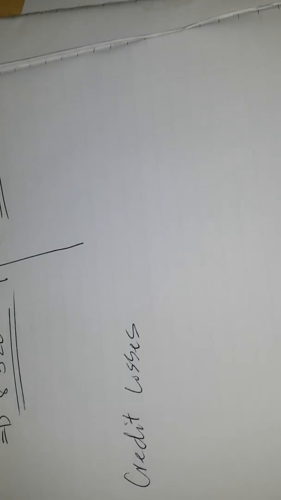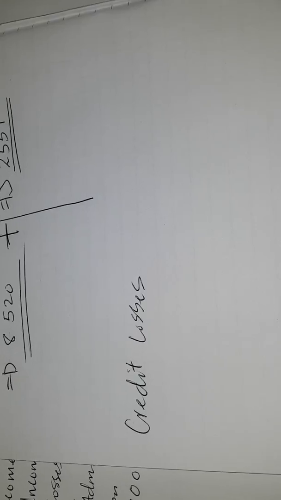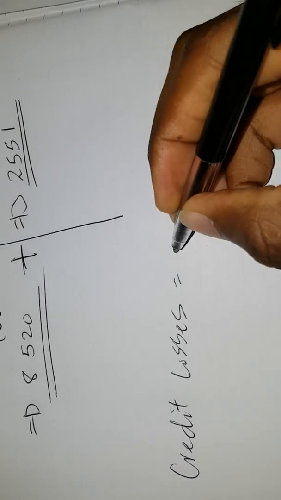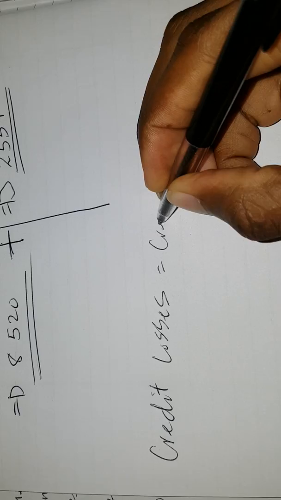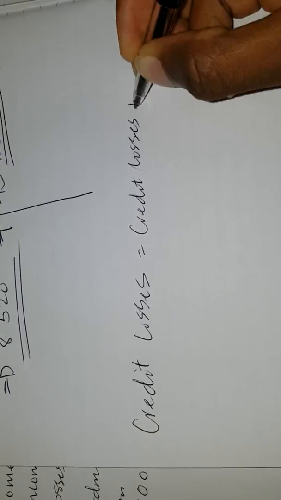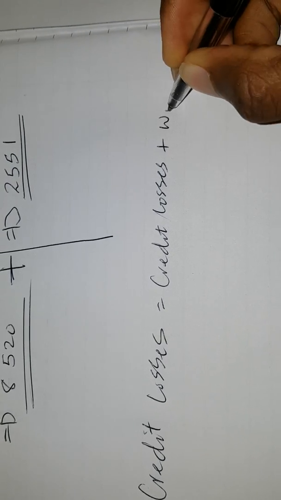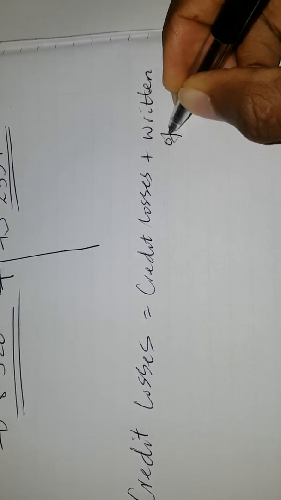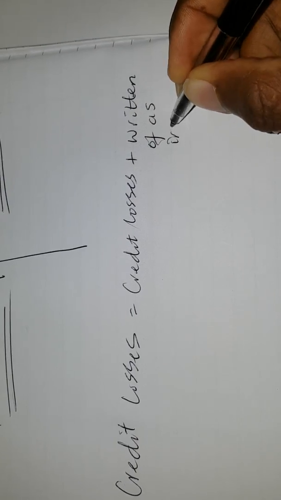If the customers who have been owing you fail to pay, it means it's a credit loss. So what does credit loss include? It includes credit losses plus return of, as irrecoverable.